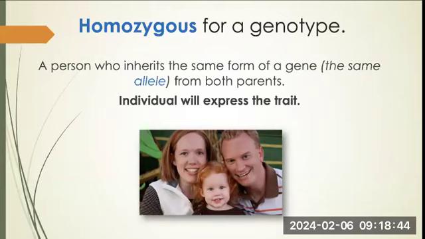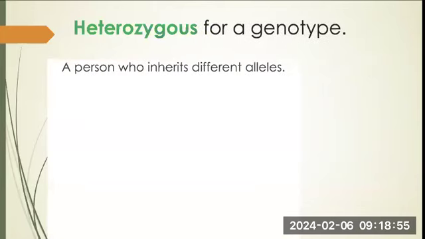So if both parents are redheaded, the child will be redheaded. They both have that expression. On the other hand, if you're heterozygous for a genotype, which is going to happen, especially if you are a mixed heritage child, the person is going to have different alleles, and it's the different alleles that produce the phenotypic variation.